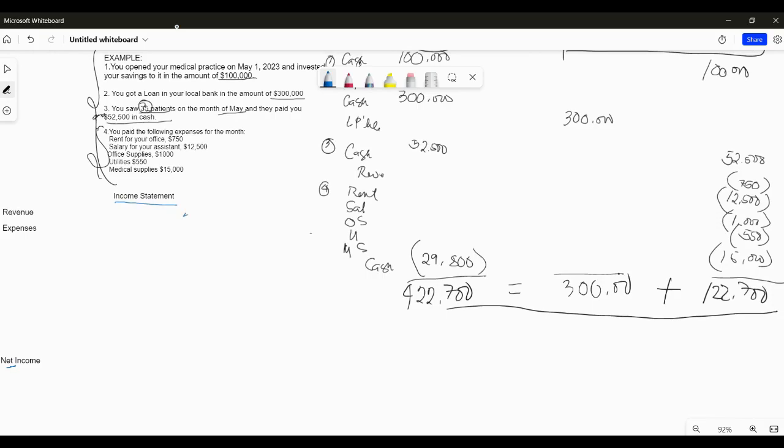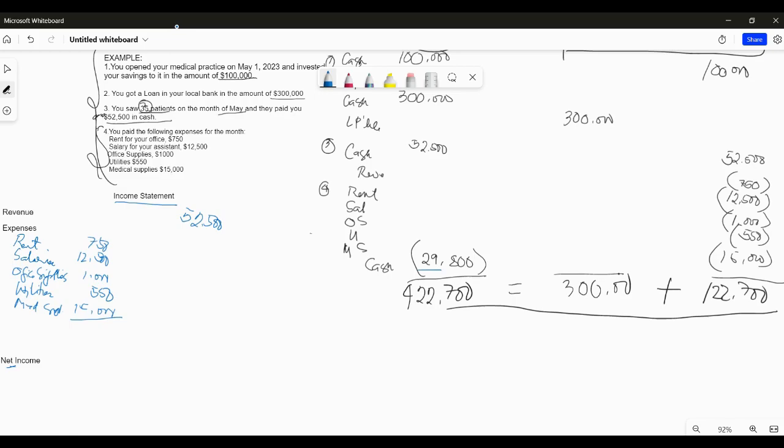Our expenses are rent in the amount of 750, salaries in the amount of 12,500, office supplies of 1,000, utilities of 550, and medical supplies in the amount of 15,000.